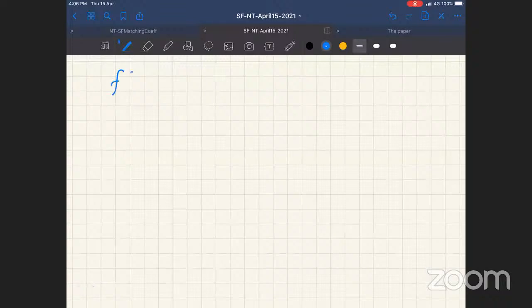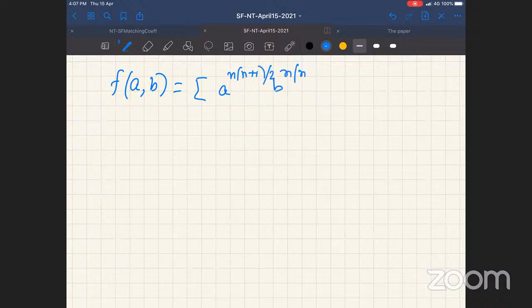For that, we have to define Ramanujan's general theta function f(a,b). We define it as the sum of a^(n(n+1)/2) b^(n(n-1)/2), with modulus of ab less than 1, and n from minus infinity to infinity.